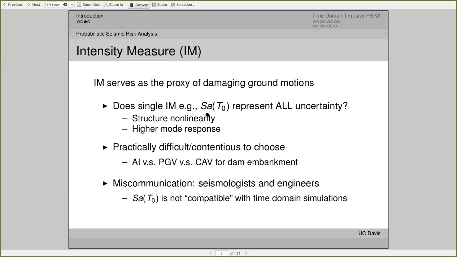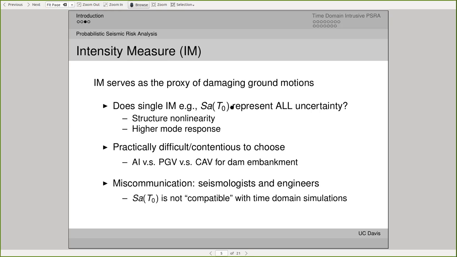For example, for a building system, the typical intensity measure can be the spectral acceleration at the fundamental period of the structure. However, we know that this single intensity measure cannot capture the structure's nonlinear response. For example, when we consider the seismic risk of structure collapse, where the structure is largely deformed with significant nonlinearity, the period of the structure has been significantly shifted, and the spectral acceleration at the fundamental initial period cannot capture these nonlinear effects.